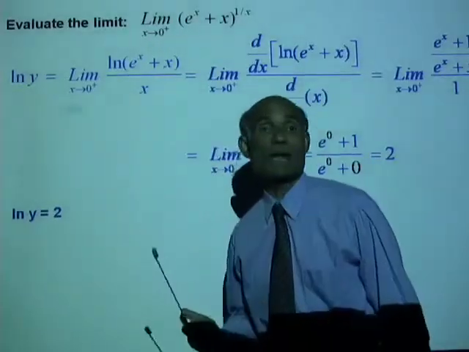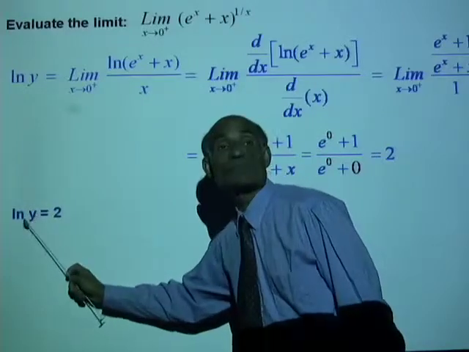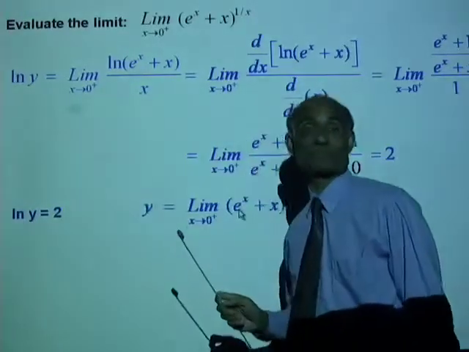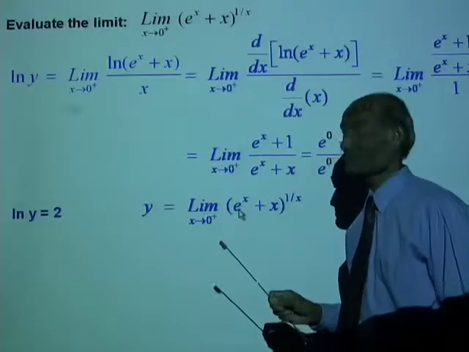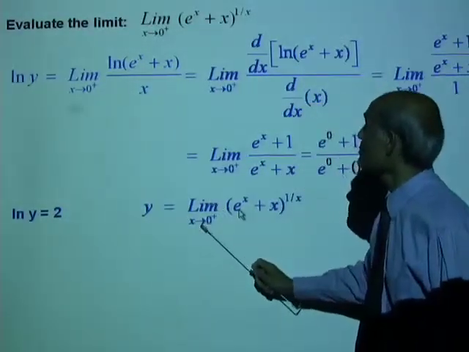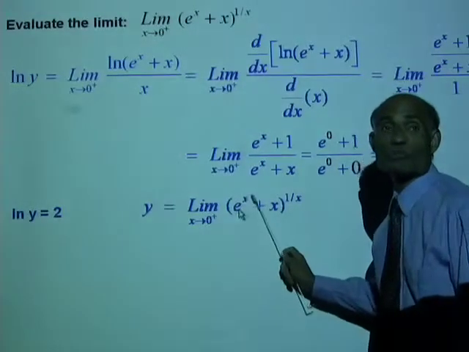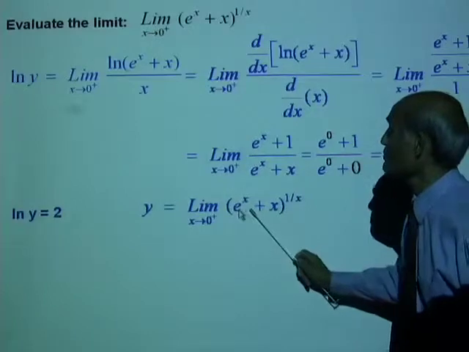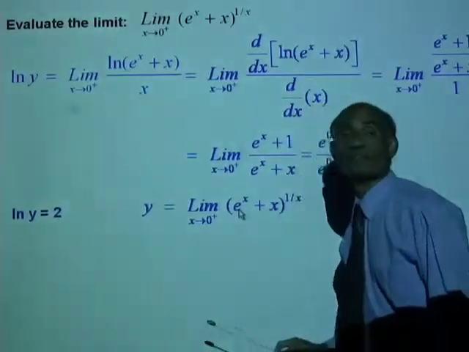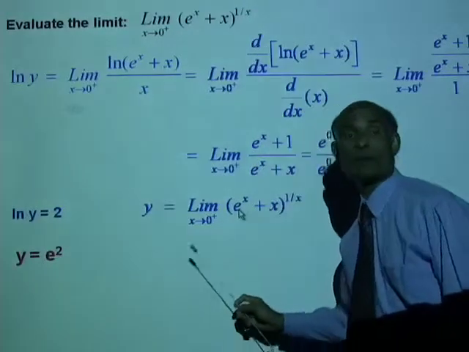Therefore, what is y? If ln y equals 2, then y equals e to the power of 2. So we have y equal to the limit as x approaches 0 from the right of this quantity, and that gives y equal to e to the power of 2.